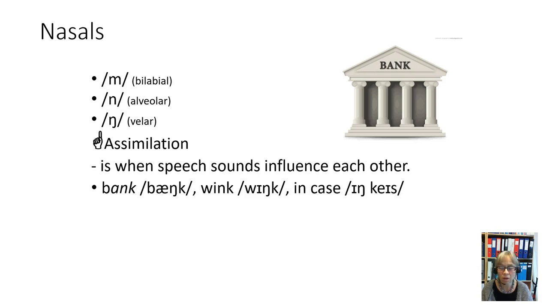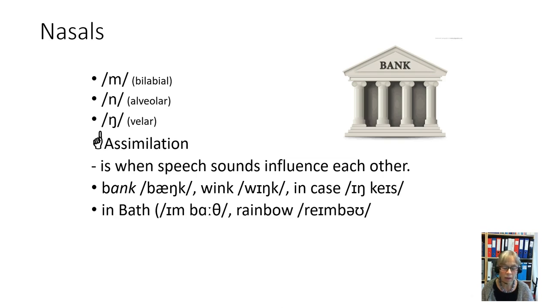This happens very much with ng. You say bank, wink, in case even, instead of in case. Same thing happens if you have n and b, because it's much easier to say two bilabial sounds after one another. So therefore, instead of in bath, you'd say im bath. Or instead of rainbow, you say rainbow.